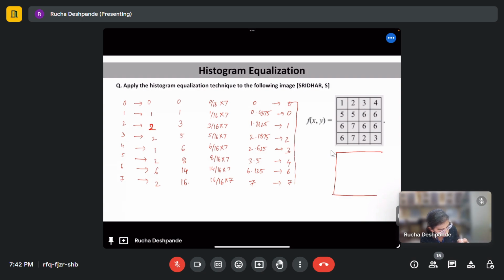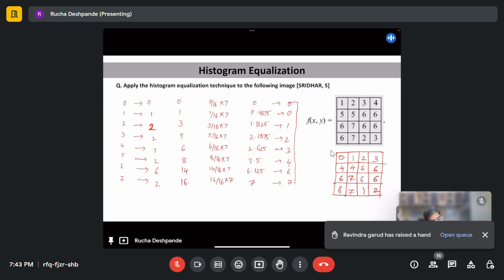So 1 becomes 0, 2 becomes 1, 3 is 2, 5 corresponds to 4, 6 corresponds to 6 only. Yeah, so this will be the transformed image.